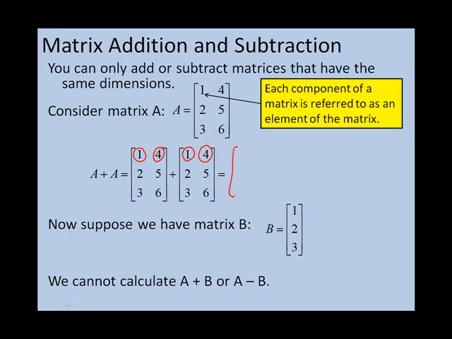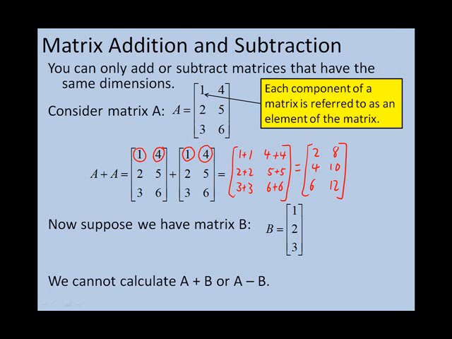A plus A is going to give us, for row 1, column 1, 1 plus 1. Row 1, column 2, we're going to have 4 plus 4. We're going to have 2 plus 2, 5 plus 5, 3 plus 3, and 6 plus 6. If we do these calculations, we're going to get 2, 4, 6 in the first column, and then 8, 10, 12 in the second column.